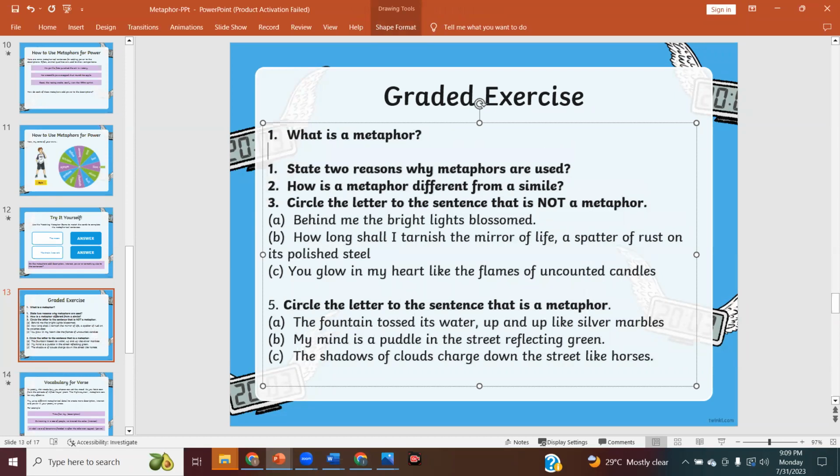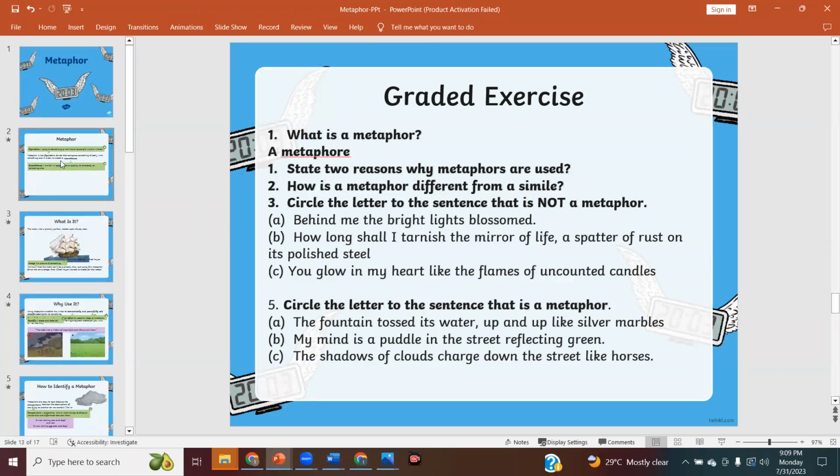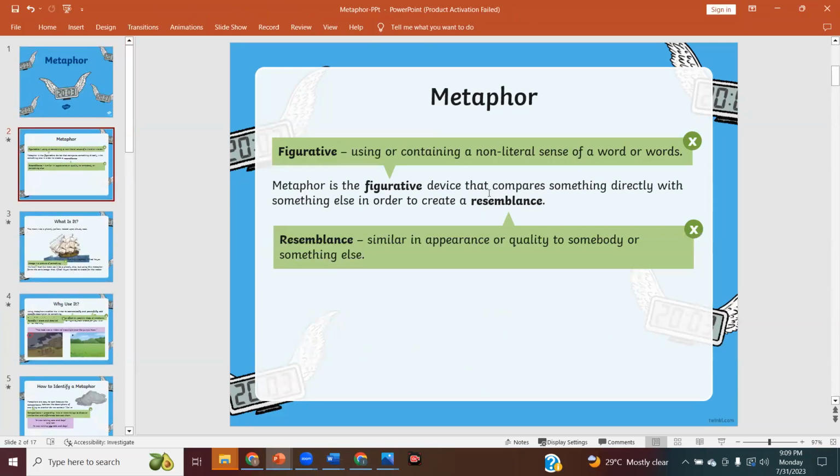No, that's not how you start answering the question. A metaphor is not a something. A metaphor is what? A figurative device. A metaphor is a figurative device that compares two things directly to create resemblance.